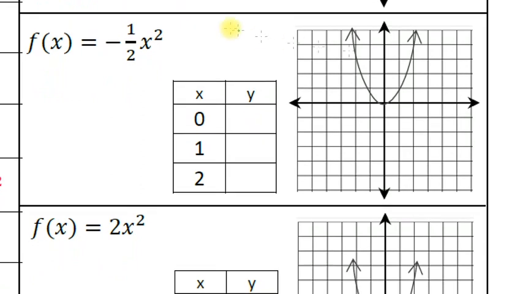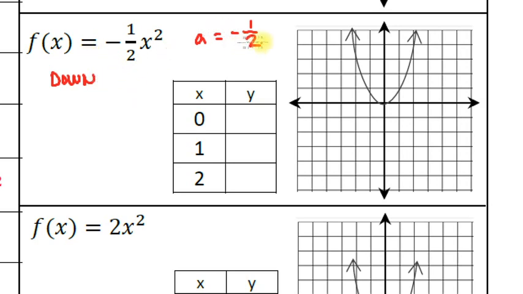What happens if A is equal to -1/2? So I'm going to say A here is -1/2. We should know from our table that if A is -1/2, that means A is negative, so our graph is going to be facing down.